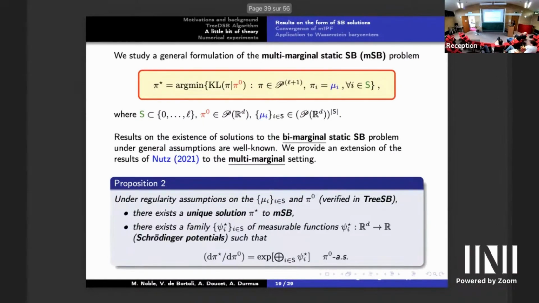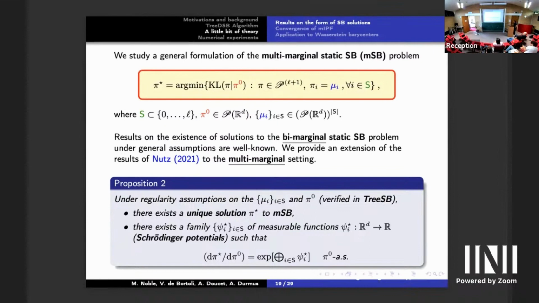But what's more important is this. It is really important in optimal transport theory, when you want to solve a Schrödinger bridge problem, that you can express your solution as something which is absolutely continuous with respect to the reference measure, but with some potentials. And these potentials are actually defined on the constraints. So that's really important to consider.